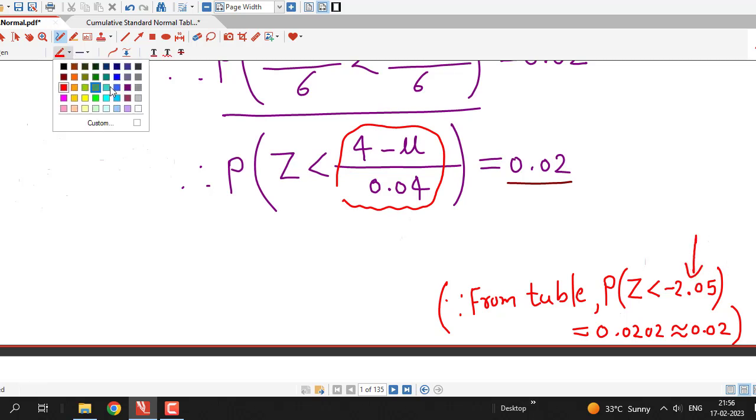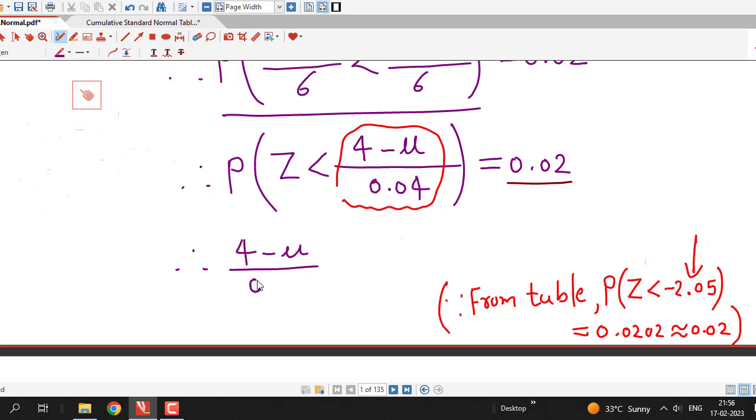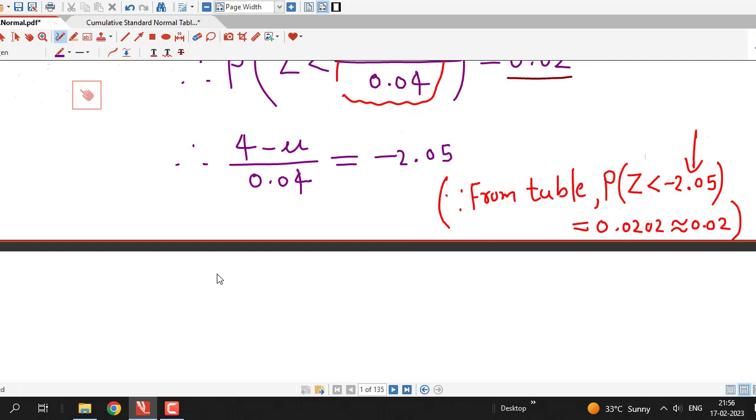So from this we find that therefore (4 minus mu) divided by 0.04 is equal to minus 2.05, and now we can solve this for mu. This I can rewrite as 4 minus mu equal to minus 2.05 times 0.04.